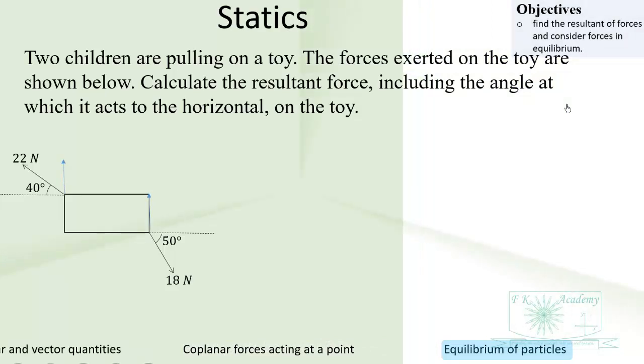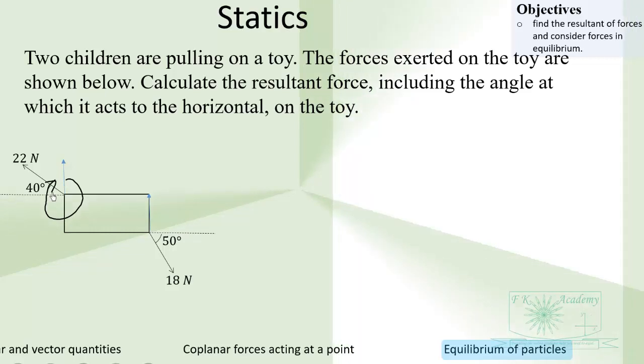So let's do that. Measuring from the knot, we meet this force at 270 plus 40. From here to here is 270, and from here is 40. So that will be 310 degrees.